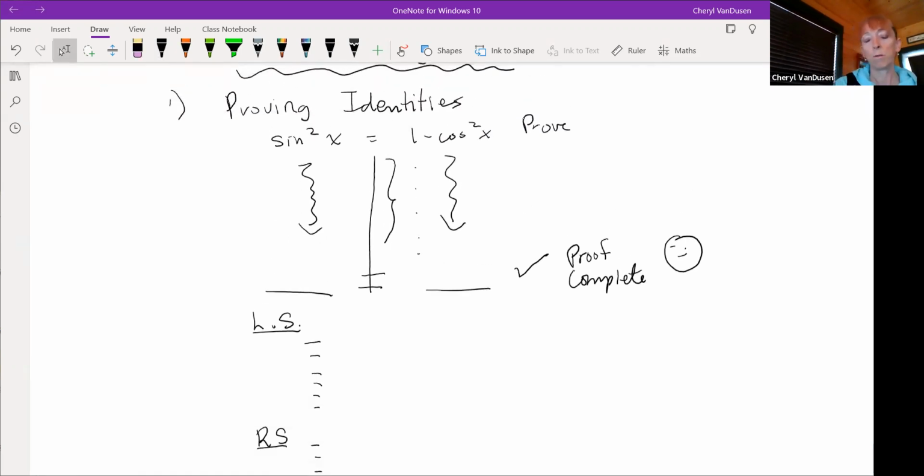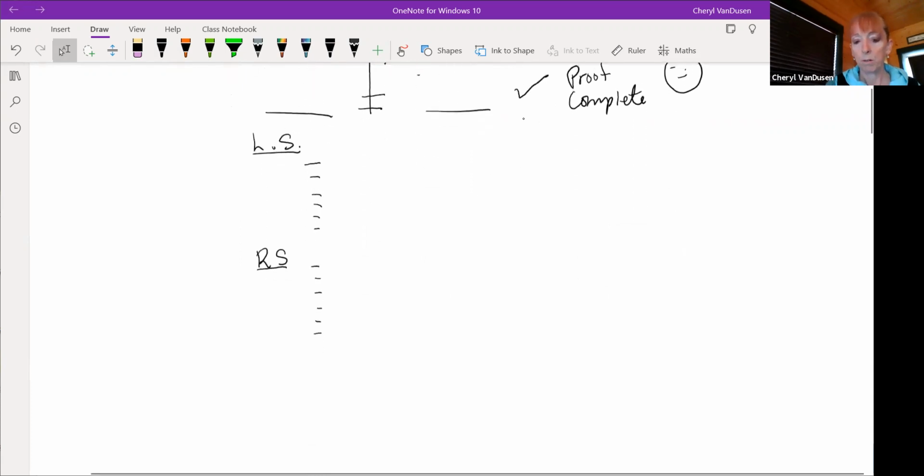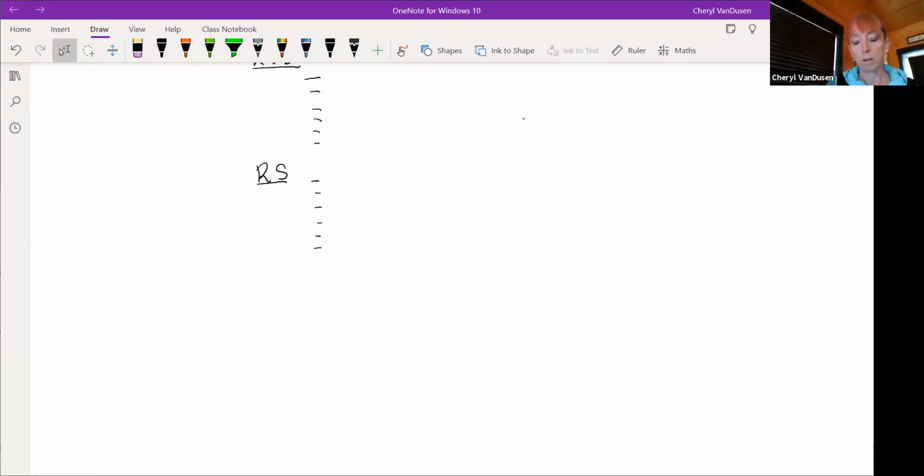And then in terms of the actual process of identity proving, again, it was gone over in 30-1, but it might be a reasonable thing to just highlight some of the big ideas when you're proving identities, because there's no real right way to do them. But some strategies for doing some proofs.